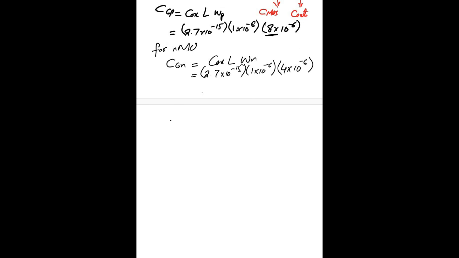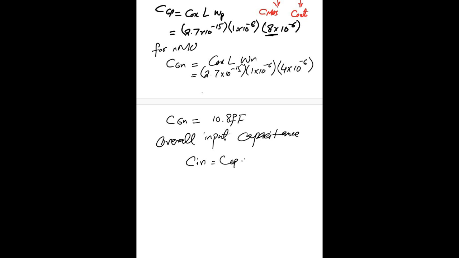The value for this CGN will be equal to 10.8 femtofarad. And if we have to find the overall input capacitance, that is given by Cin equal to CGP plus CGN.